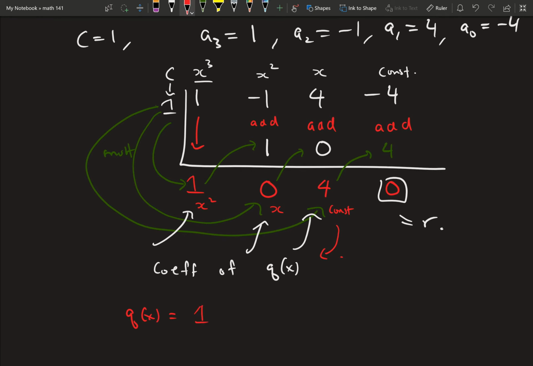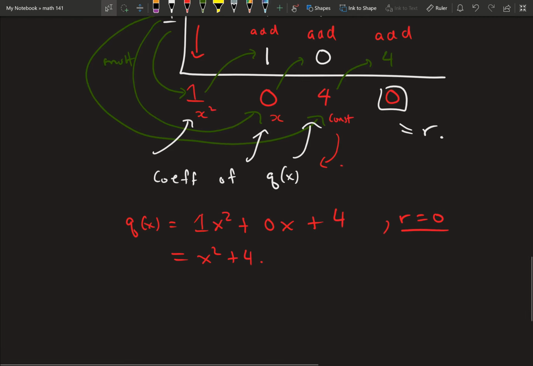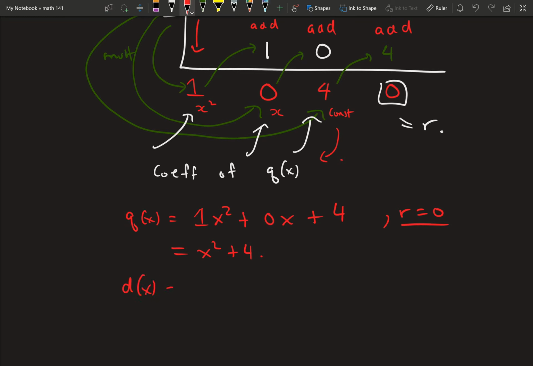is equal to 1x squared plus 0x plus 4, which is x squared plus 4, where the remainder is 0. And our d of x was given originally as x minus 1. p of x was x cubed minus x squared plus 4x minus 4.